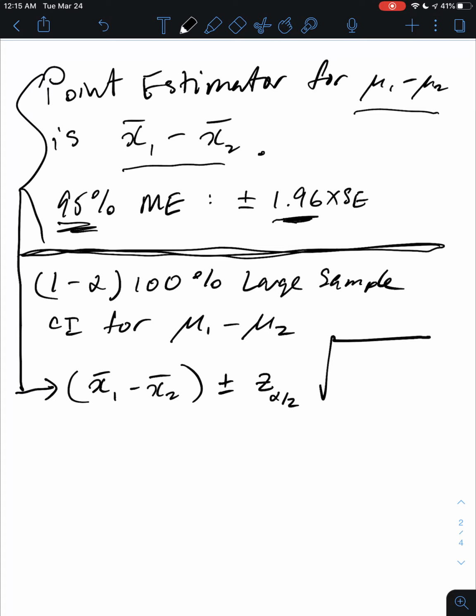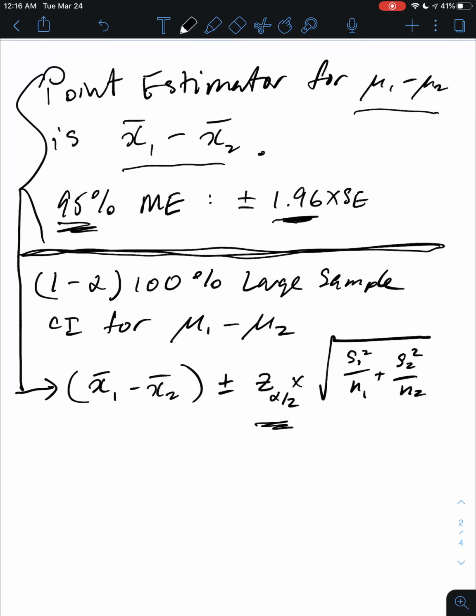The margin of error comes in two parts. The standard error times the Z sub alpha over 2 value, which is exactly the same as it was in the previous section.